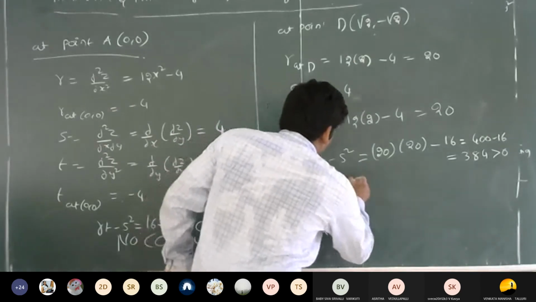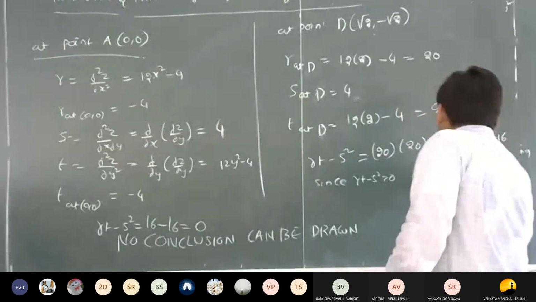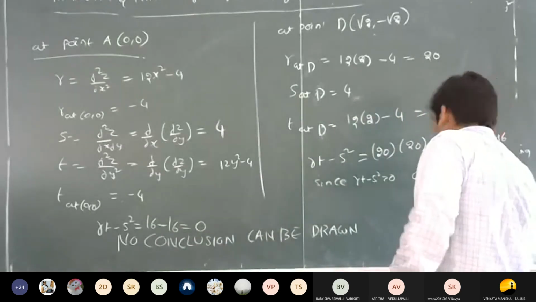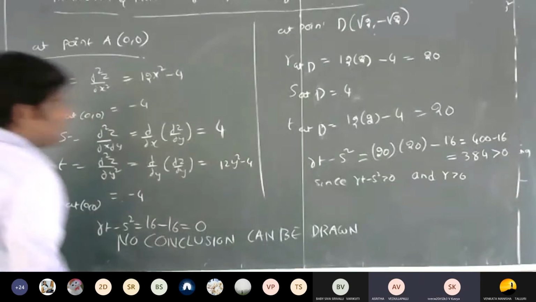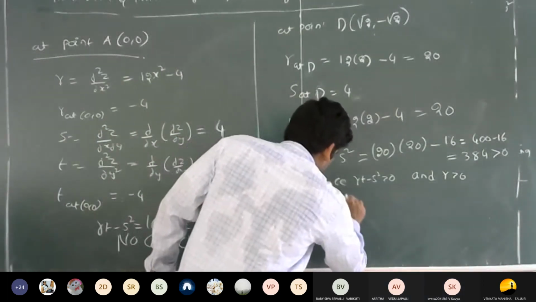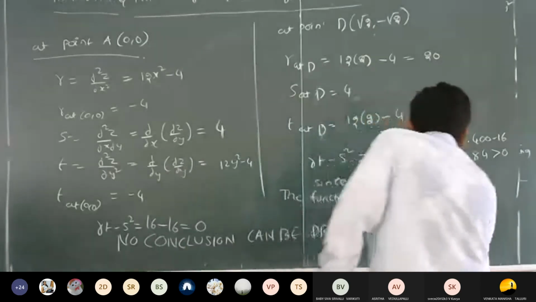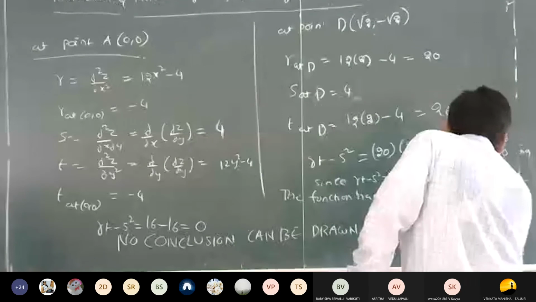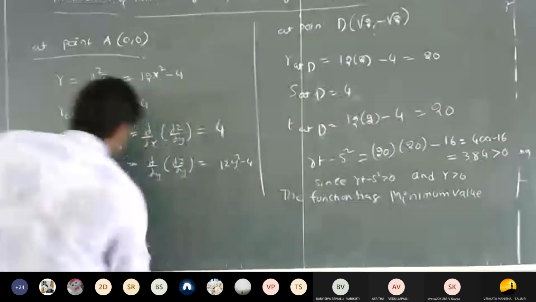Since rt minus s² is greater than 0, and r is greater than 0, therefore the function has a minimum value.